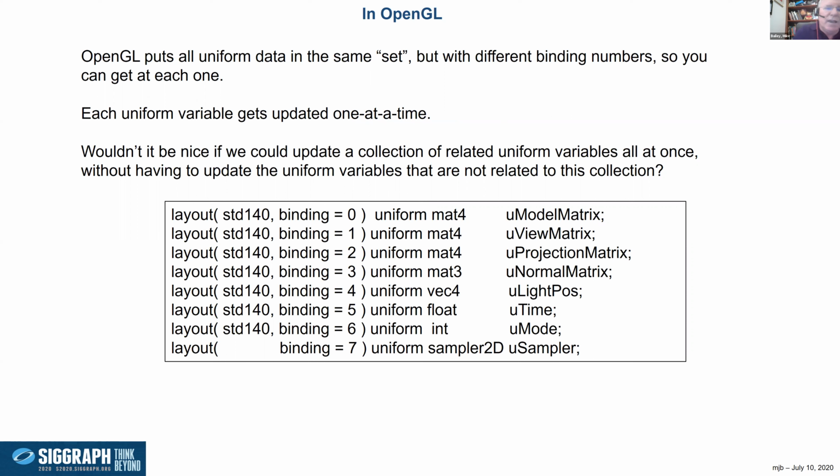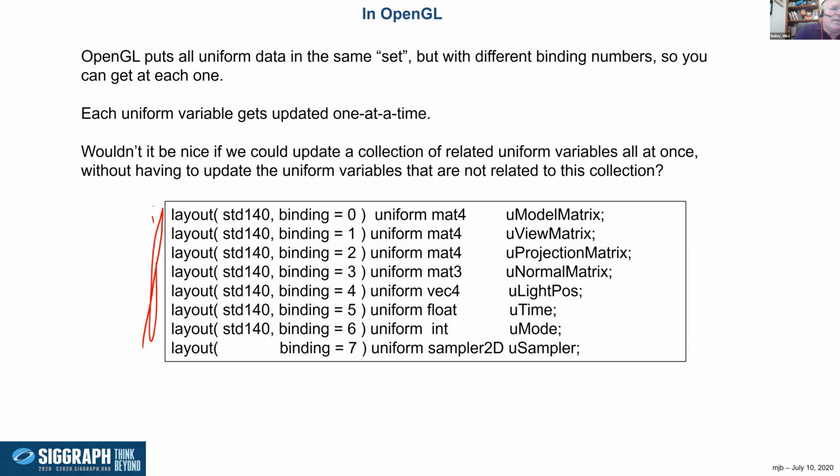For instance, you might write a shader that looks like this, and you say, the model matrix, bind that at position 0 in the uniform variable table of variables, okay? And each one of them gets updated one at a time. I could update the model matrix, then I could update the view matrix.